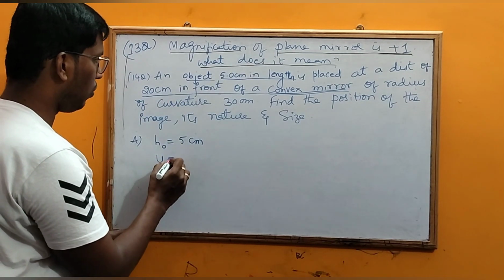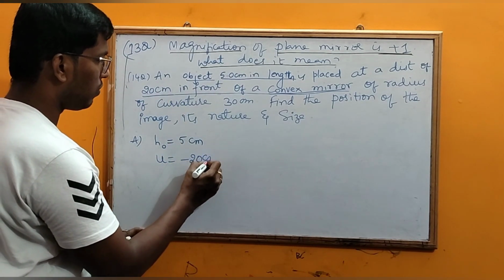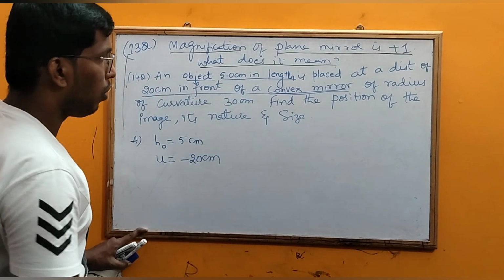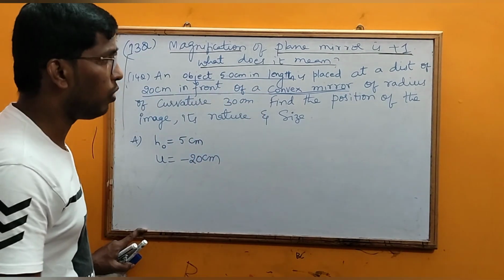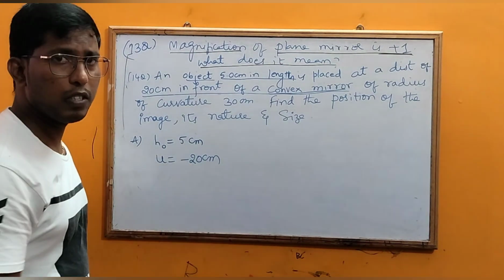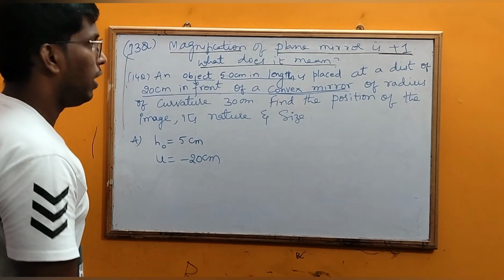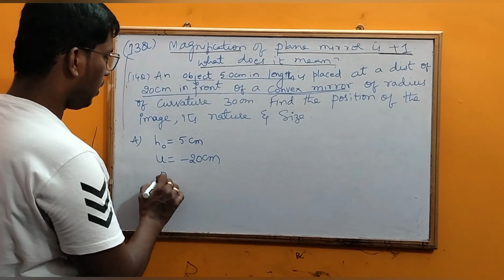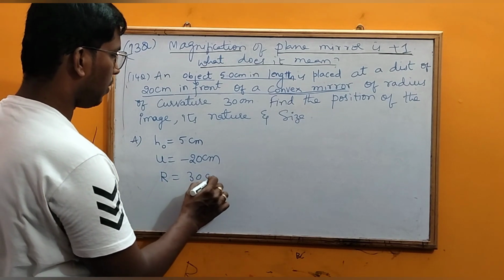So U value is equal to minus 20 centimeter. And where did it placed? Convex mirror. Convex mirror, I told you, except U, all the image distance, focal length, and radius of curvature, everything is positive. R is given, radius of curvature 30 centimeter.